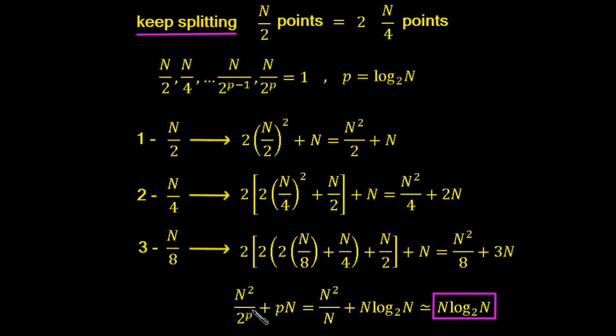Finally we're left with n squared upon 2 to the p plus pn. Now this can be rewritten as n squared upon n plus n log to the base 2 of n. So this can be approximated to n log to the base 2 of n.